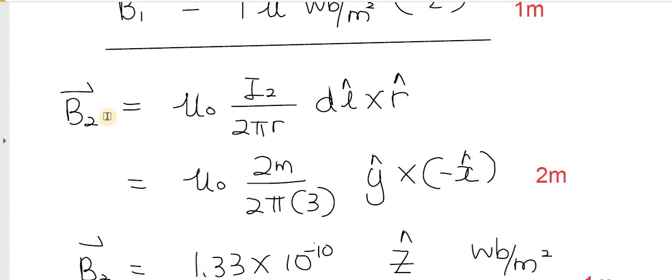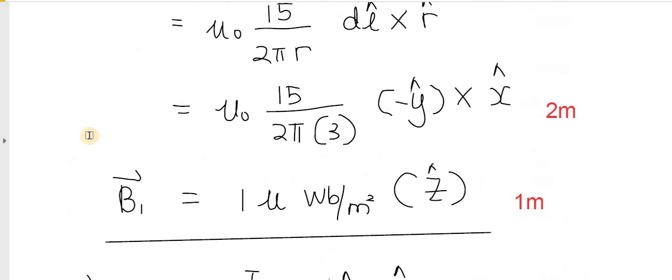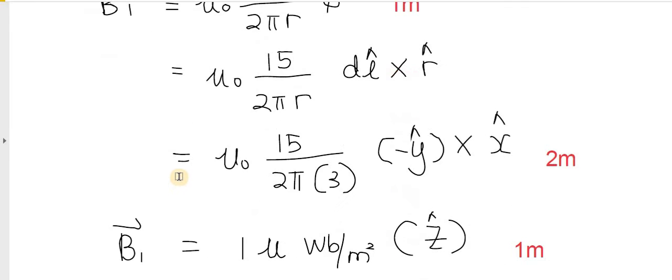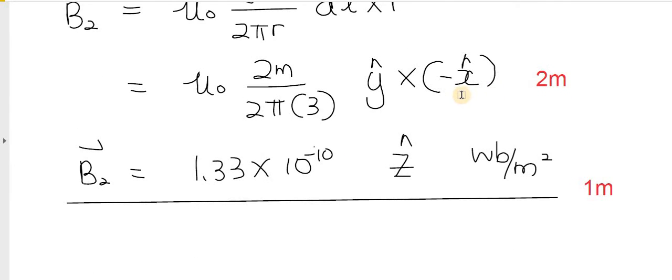Next, I calculate the magnetic flux density produced by I2. This is your I2, and you want to know the magnetic flux density at this point. Your vector r is pointing in this way, from here to here, so it is in the negative x direction.